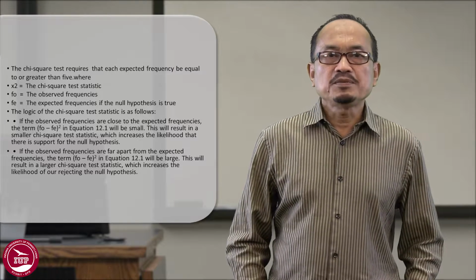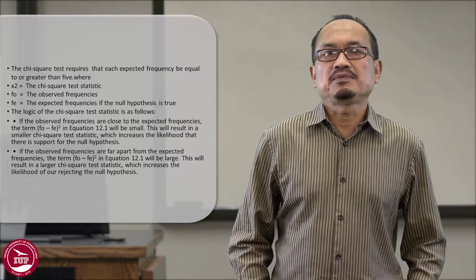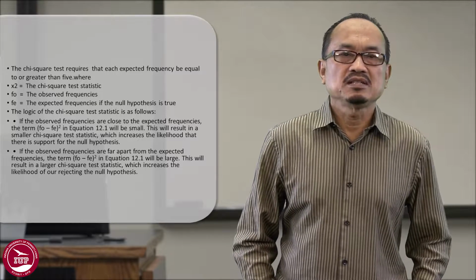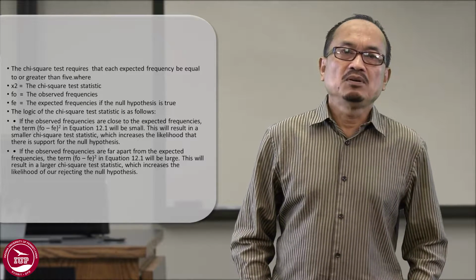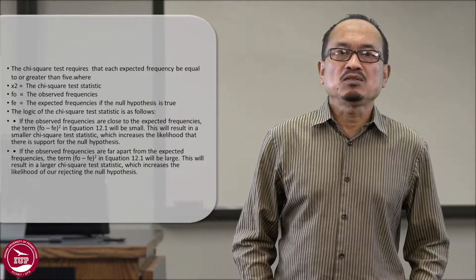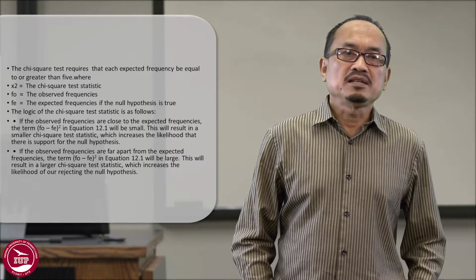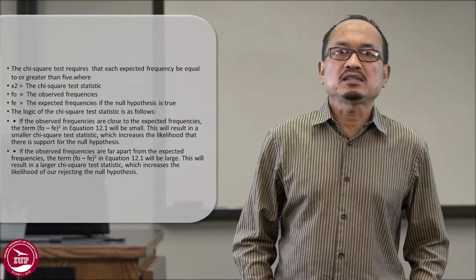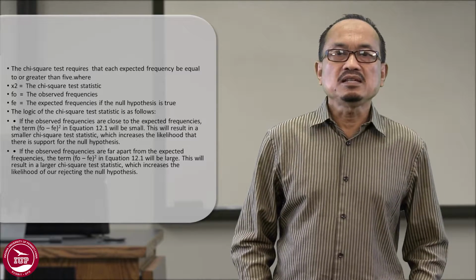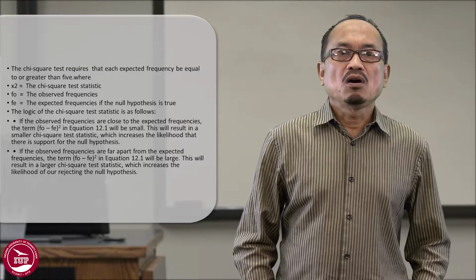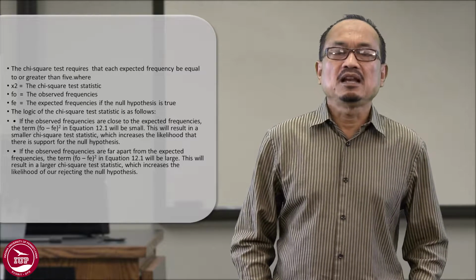If the observed frequencies are far apart from the expected frequencies, the term FO minus FE squared in equation 12.1 will be large. This will result in a large chi-square test statistic, which increases the likelihood of our rejecting the null hypothesis.